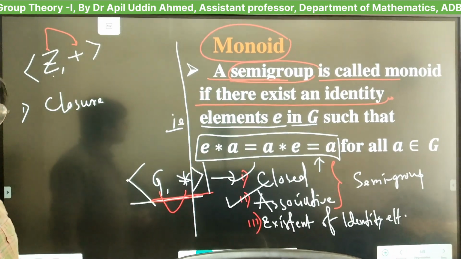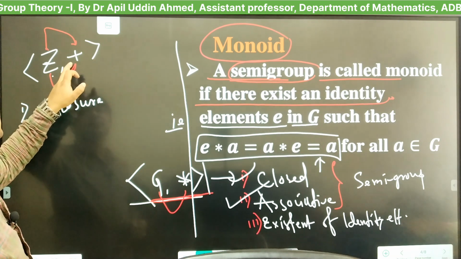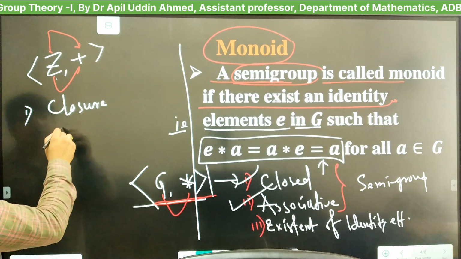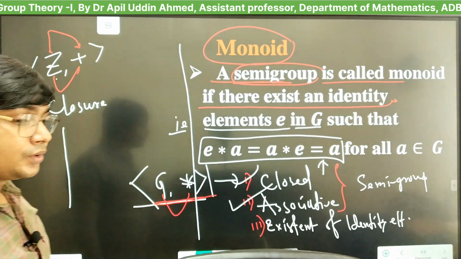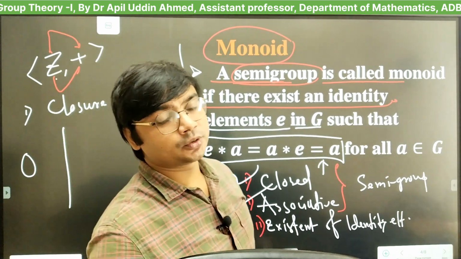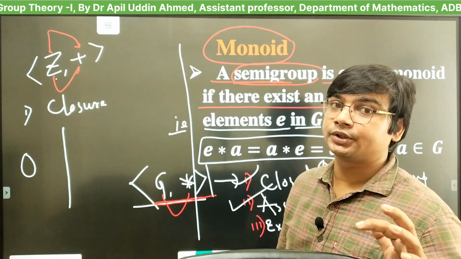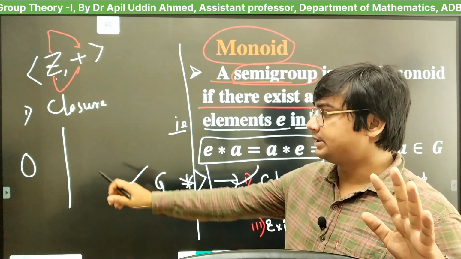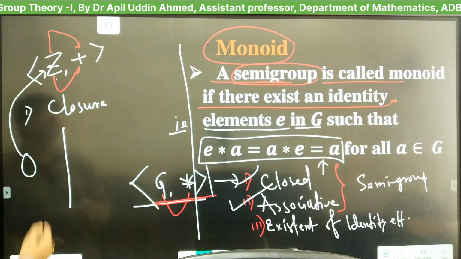Now come to the third property. That means, does there exist an identity element with respect to plus or not? In the last class we already discussed that 0 is the identity element with respect to addition. So if the operation is addition, then you must remember the identity element is 0. Now check whether this 0 is in Z or not.